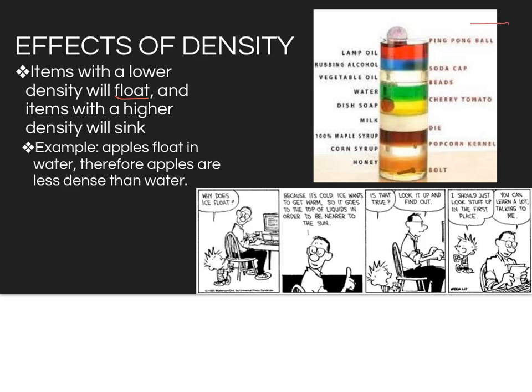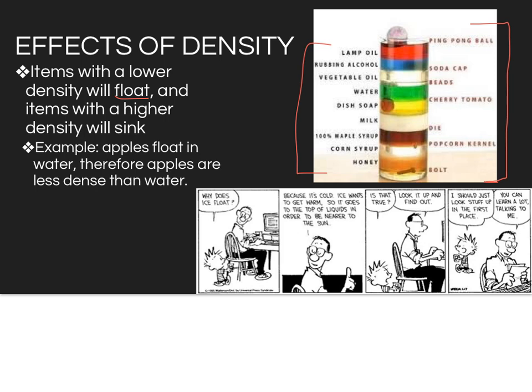It's called a density column that you can see pictured over here. And so in this, there's a whole bunch of liquids, and they're labeled on the left there, each with a different density. And there's another reason why they don't mix with each other, which we're going to talk about later on this semester. We'll be able to explain that later, but the main reason they're in the order they are is because of their density.